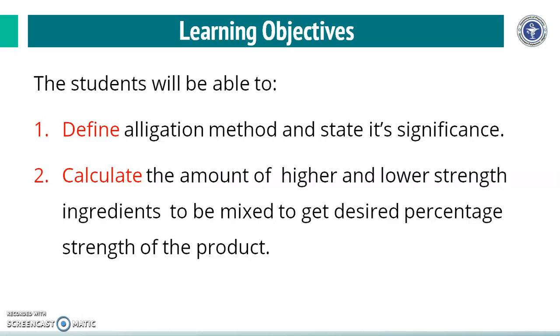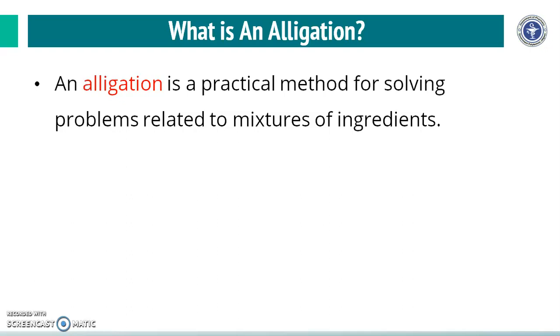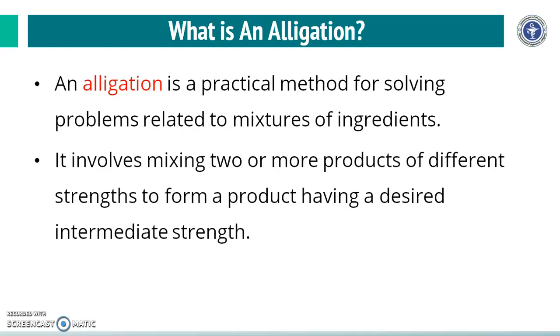With these objectives in mind, we will be going ahead to see what is an alligation. Dear students, an alligation is a practical method for solving problems related to mixtures of ingredients. That means it involves mixing two or more products of different strengths to form a product having a desired intermediate strength.